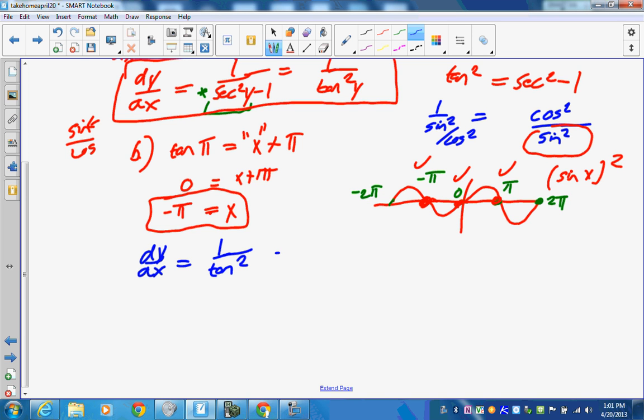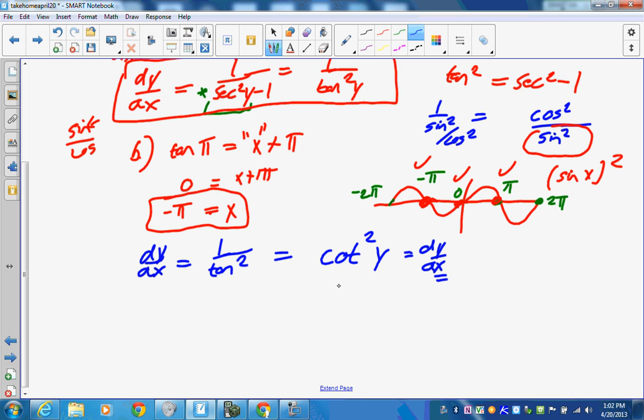But 1 over tangent squared is the same thing as cotangent squared. And it was in terms of y. So this is dy/dx.